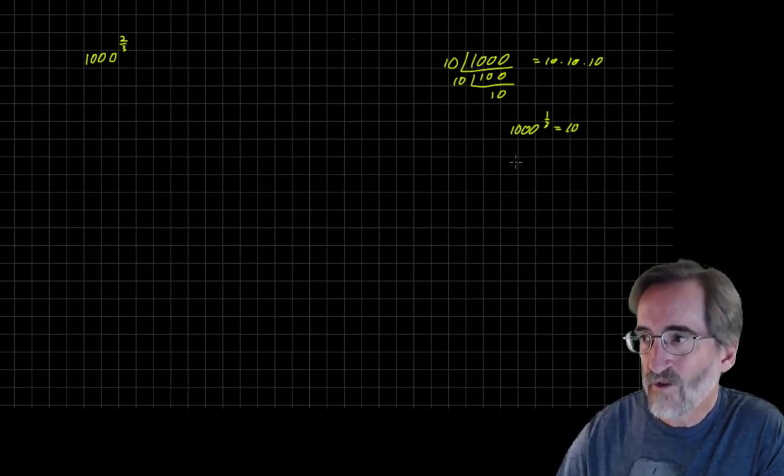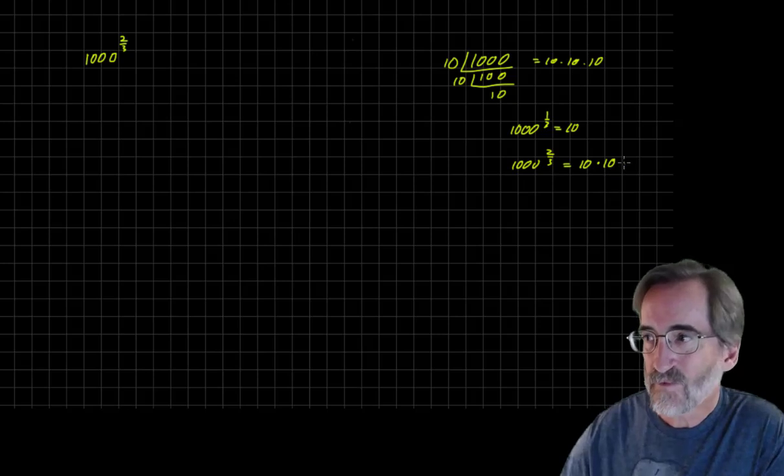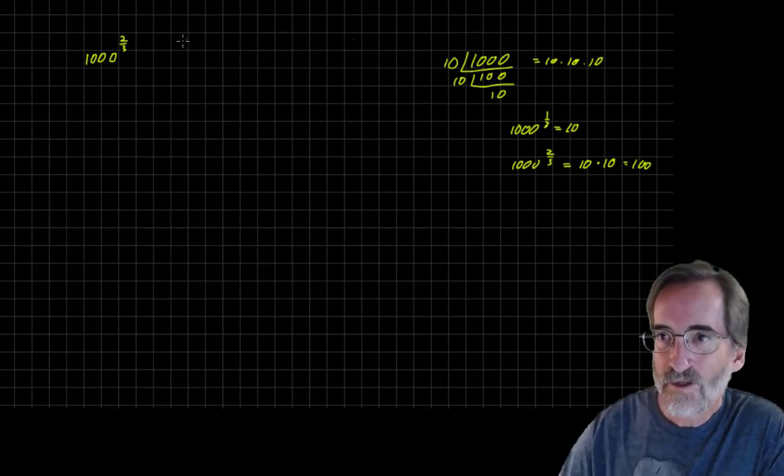But what about 1,000 to the 2/3? What that means is we simply take the cube root, the third root, and multiply it by itself twice. 100. So 1,000 to the 2/3 is 100.